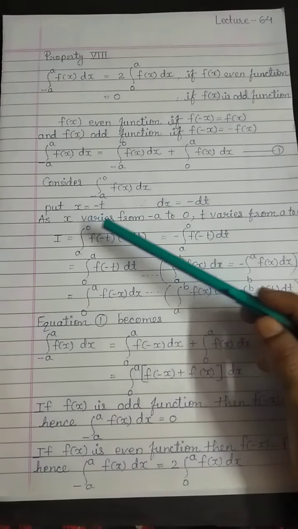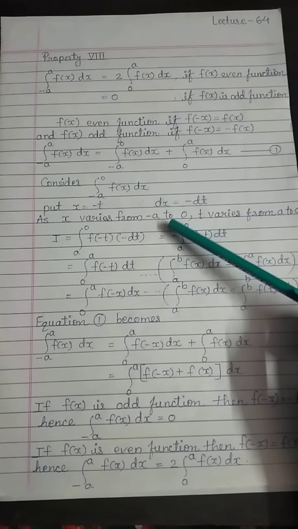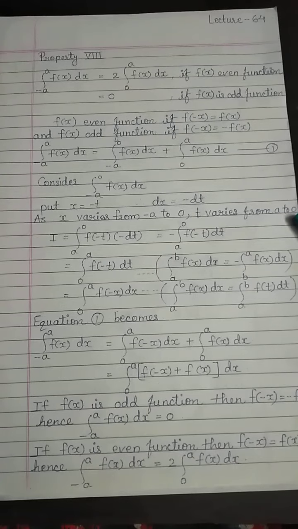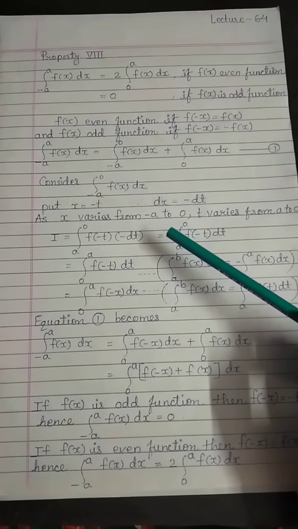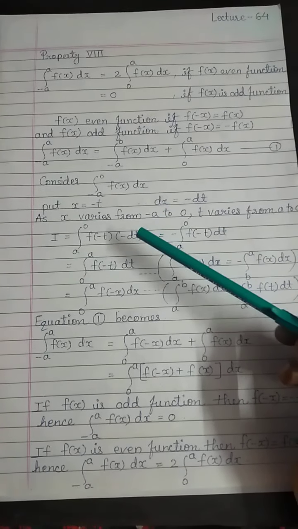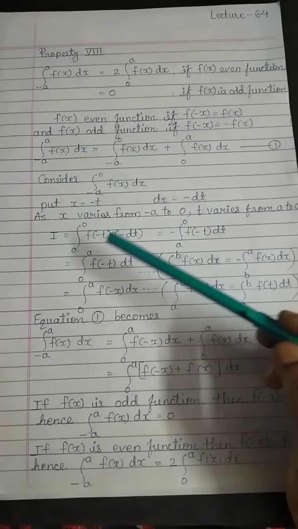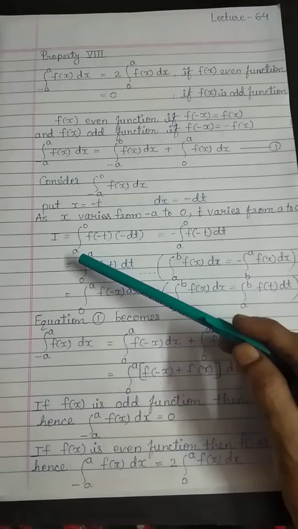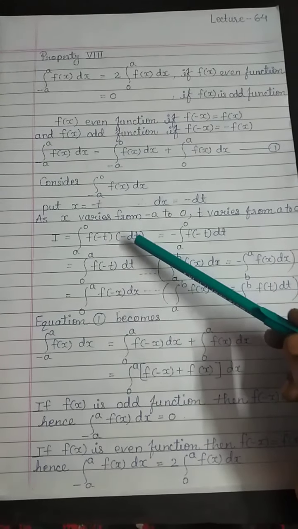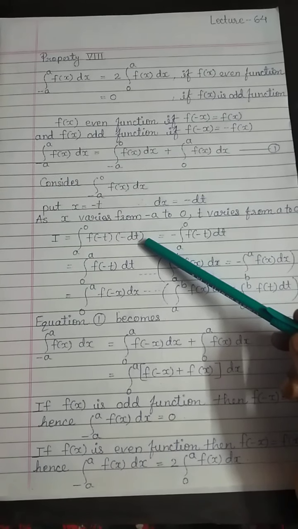And as x varies from minus a to 0, t will vary from a to 0. So we will write this integration in terms of variable t. So we will get integration from a to 0 of f of minus t times minus dt.